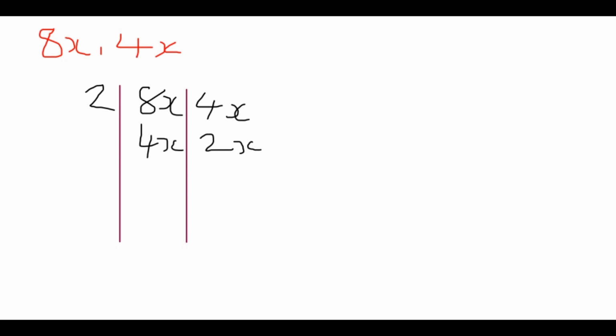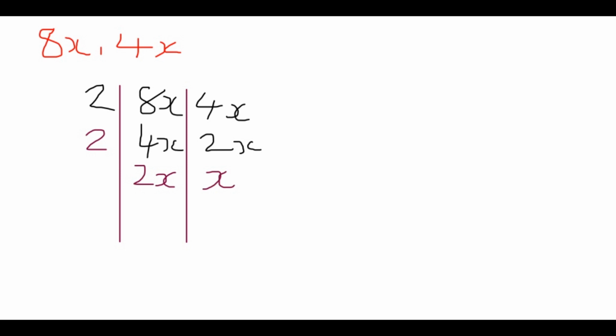Next we divide by 2 again, since we are left with even numbers. 4x divided by 2 is 2x, and 2x divided by 2 is x, or 1x. 1x and x, they are basically the same thing.